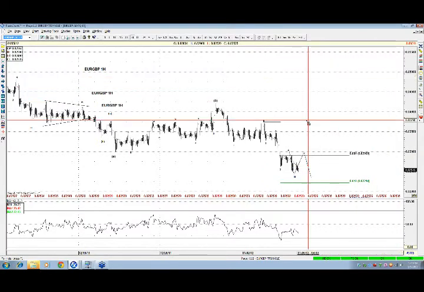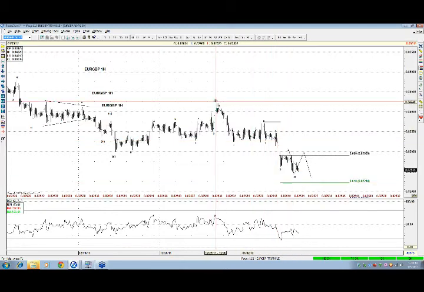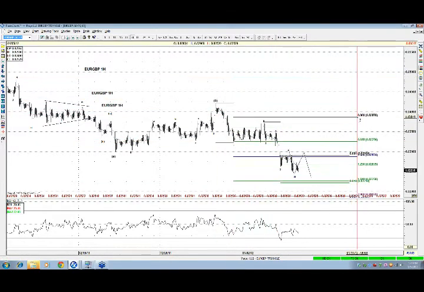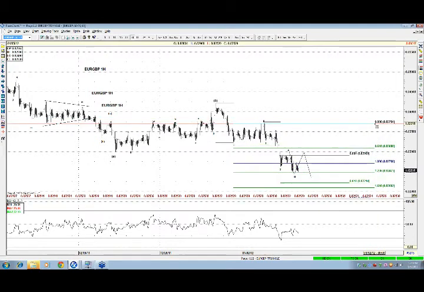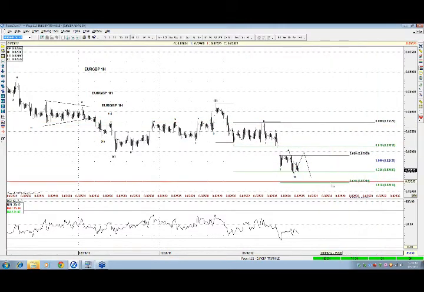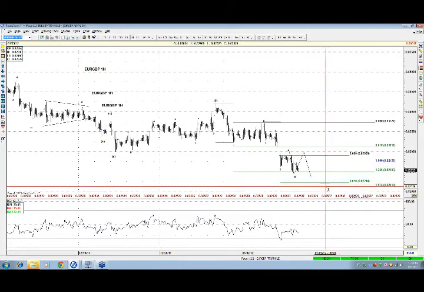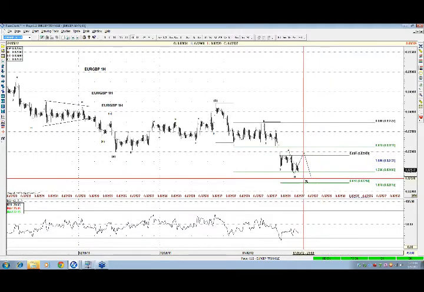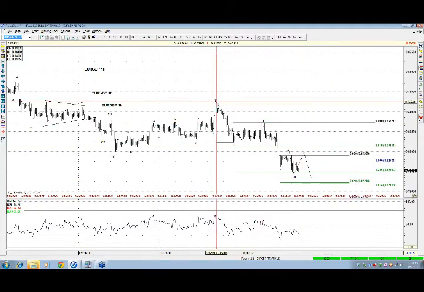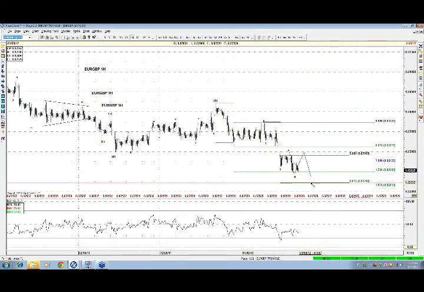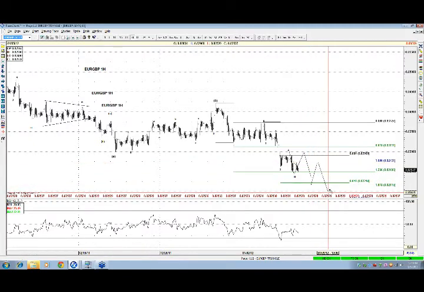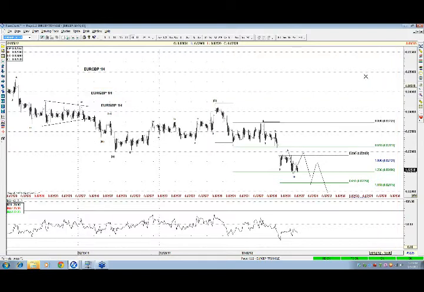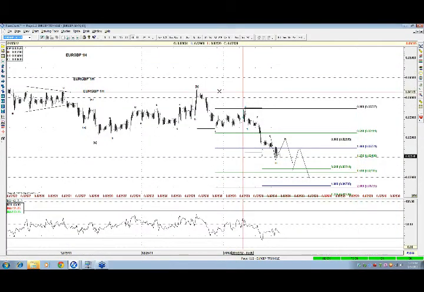Now, because that's not the end, because you have this degree to resolve, it can be the 82.25 or 82.15 area, which is the 1.618 of the first leg. So what I'm expecting in this pair is, from around this area, a 3-wave move and another low, to complete 5 waves from here.